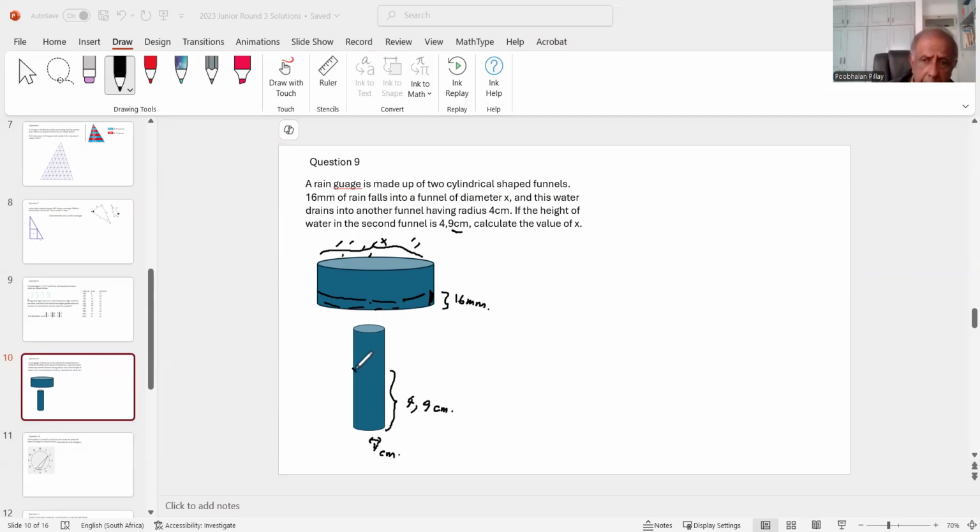But in this diagram here, the water takes the shape of a cylinder. And here too, the water takes the shape of the larger cylinder. Water has got this property. So now we want to know the volume of the water here is the same as the volume of the water here. So the only thing that we have to ask is, what is the volume of a cylinder? So there's a formula for this.